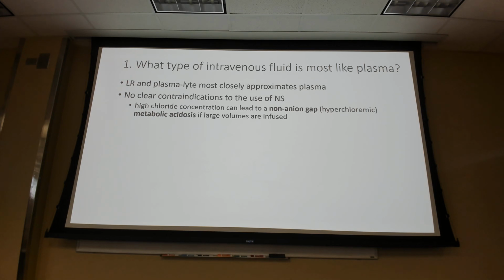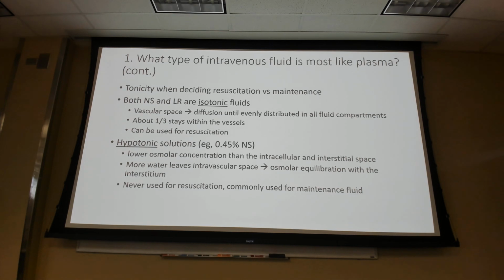So if you have your sodium, which is positive, and your chloride, which is negative, you typically want that to be around 38 to 42. Well, if we remember, the concentration in normal saline was 154 for sodium and 154 for chloride, which puts it close to 0, which doesn't approximate our plasma level very well.